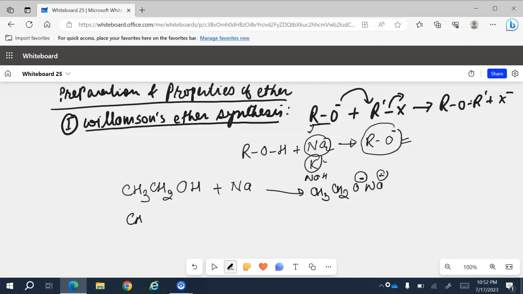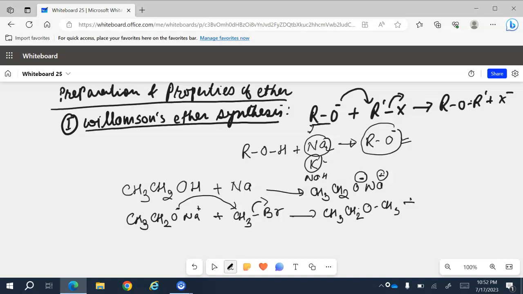Now this sodium ethoxide, CH3CH2O minus and Na plus, you can react with any alkyl halide, say for example CH3Br. Then it can undergo SN2 reaction very easily, resulting in the formation of CH3CH2OCH3, and bromine and sodium go together, giving you sodium bromide.